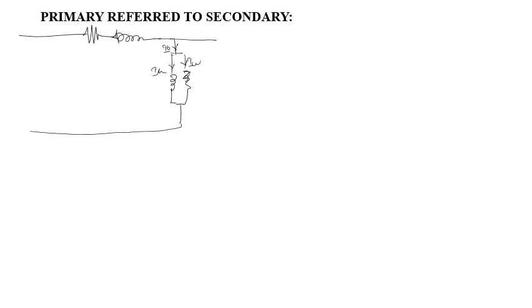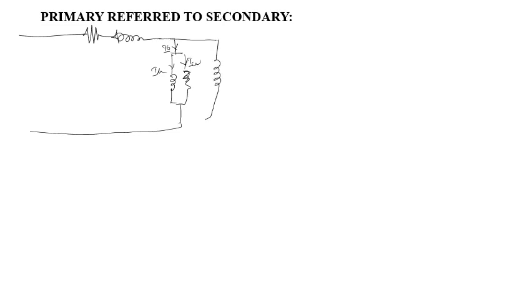Okay, so first I can draw the basic equivalent circuit, that is primary winding resistance R1, primary winding reactance X1, and the I0, IW and I mu.